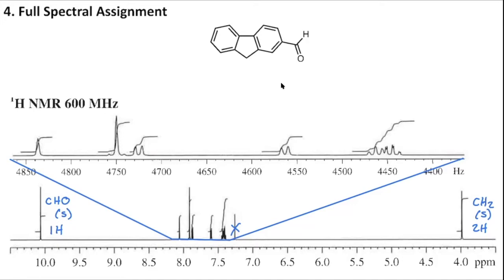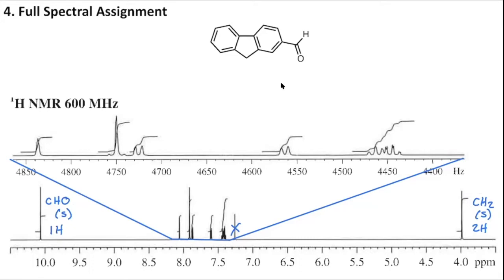I got a little bit ahead of myself wanting to label these other peaks. You want to make sure that you give these peaks a label or some kind of a name that you can refer to them as, because we might know about the aldehyde peak here or the CH2 peak here, but the other ones we don't necessarily know what their identity is yet. So we need some way to talk about them.